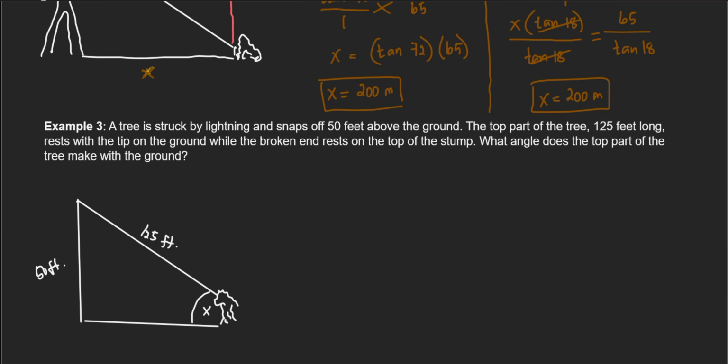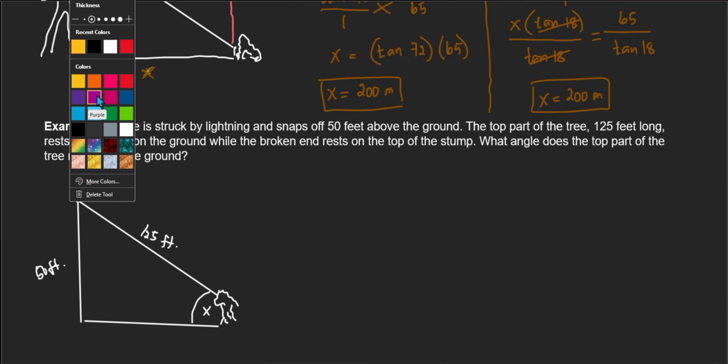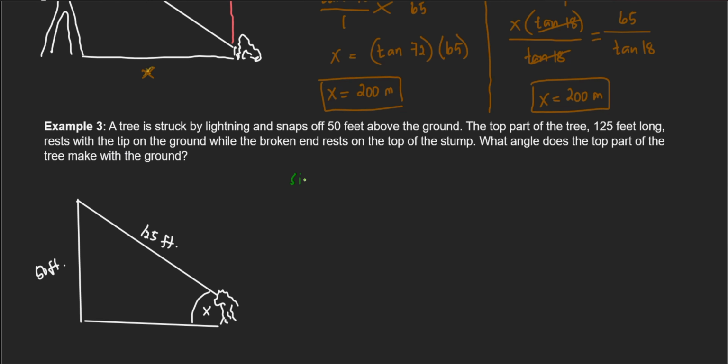Since we're looking for the angle, and given that we already have the opposite of the angle and the hypotenuse, in this part we can use the formula sine theta is equal to opposite over hypotenuse, since those are the given. Since our angle is missing, you can just write x here.